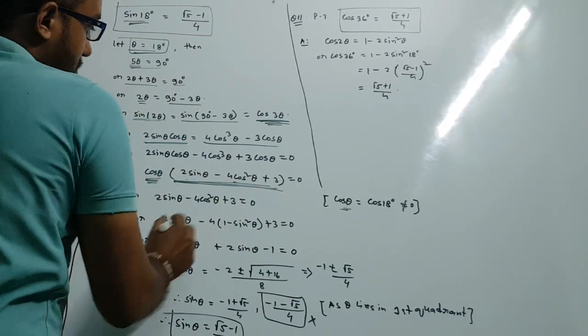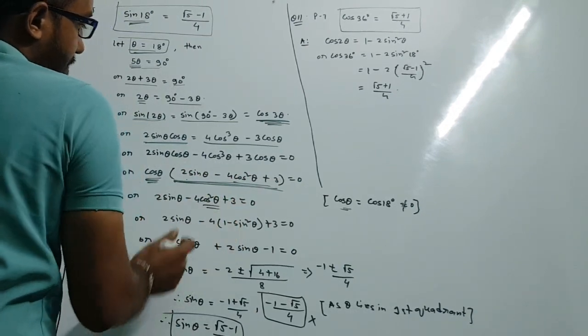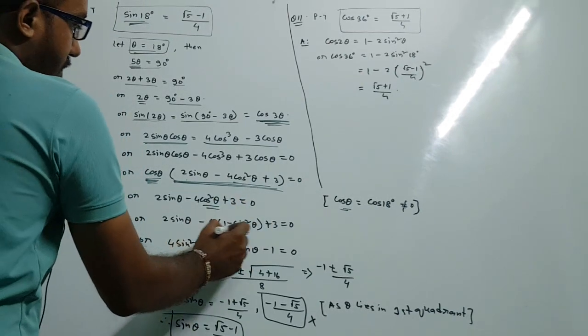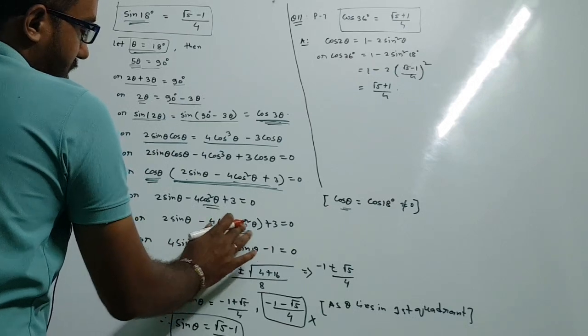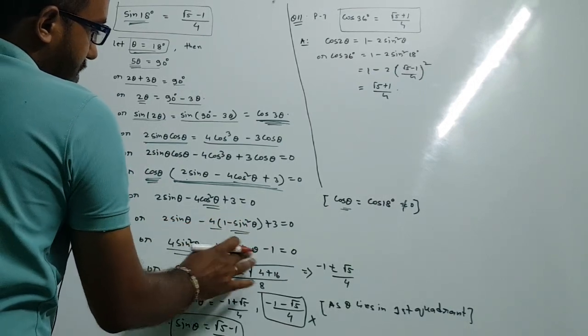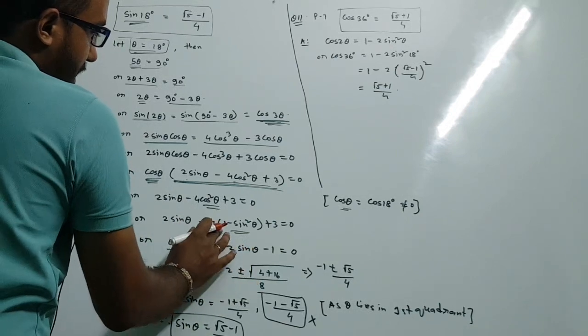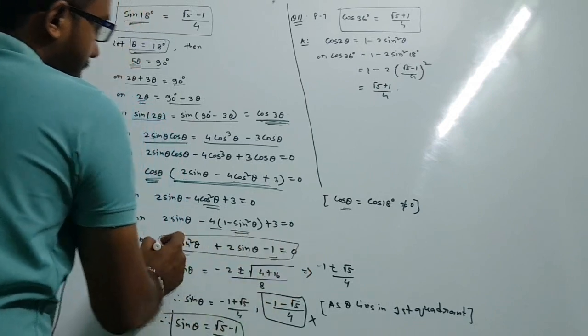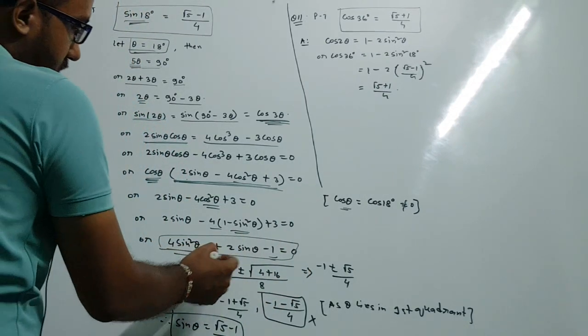If this term is 0, then in place of cos square theta we can write 1 minus sin square theta. Minus 4 into minus sin square theta, that is 4 sin square theta, plus 2 sin theta, minus 4 plus 3, that is minus 1. This is a quadratic equation in sin theta. Apply Shridharacharya's rule.